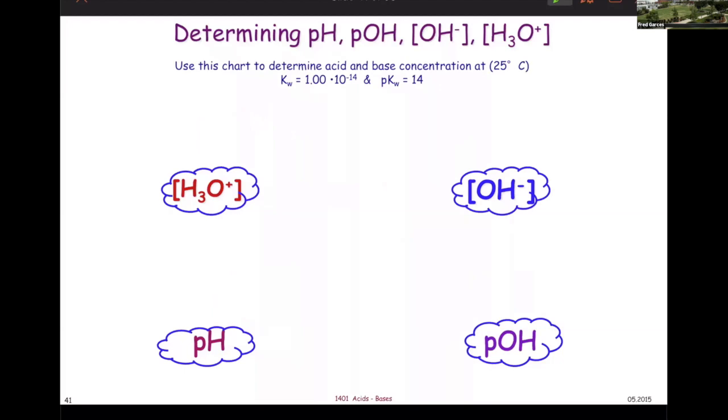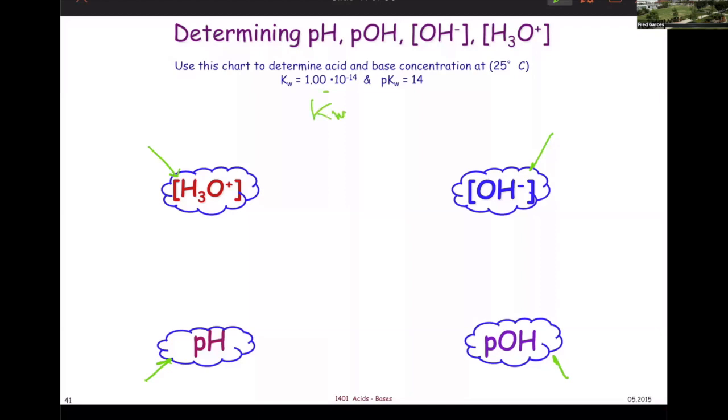This is a relationship that I kind of created. This is a handy equation or chart to use, because given any one of these, hydronium, hydroxide, pH or pOH, you can calculate the other 3 as long as you know Kw.